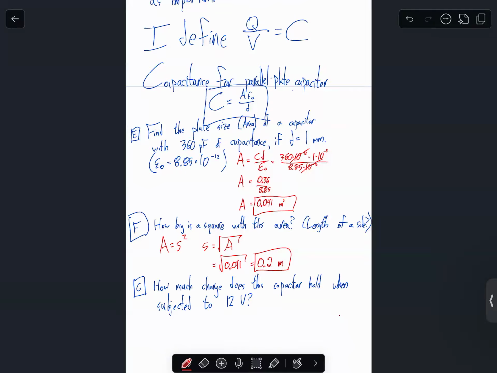There's only one formula that relates these quantities. Look at your notes, look at the board. Look around.